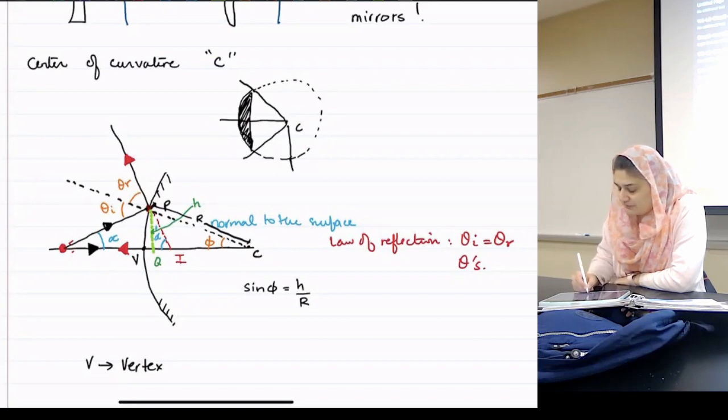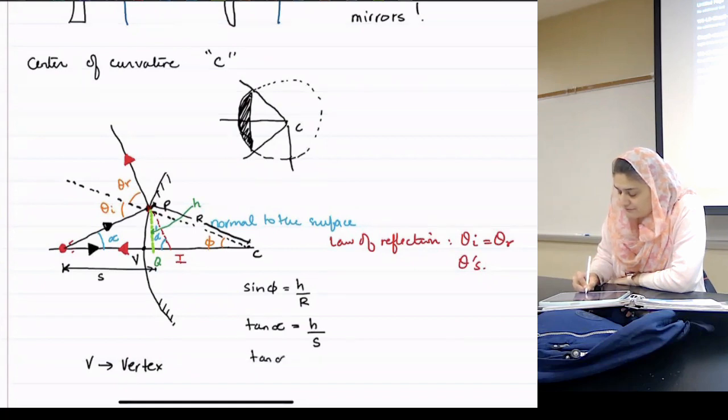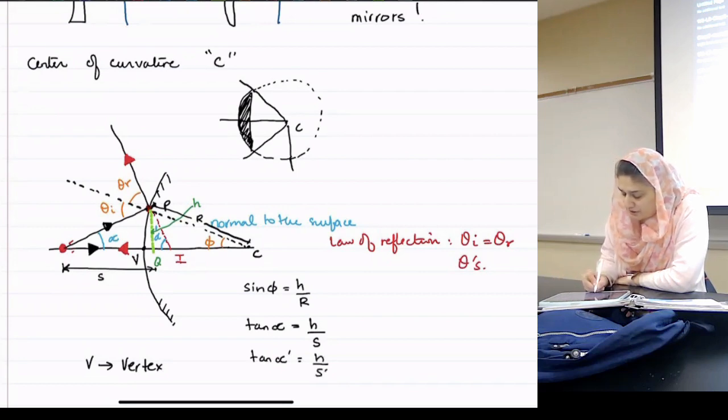May I also write tangent of alpha as H over S, where I call this distance S. May I also write tangent of alpha prime as H over S prime, where I call this distance S prime.